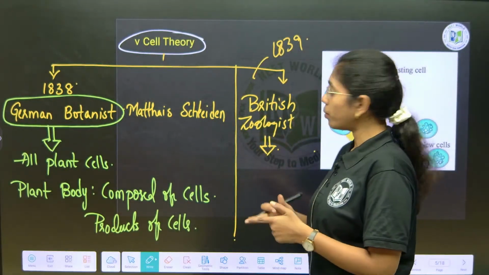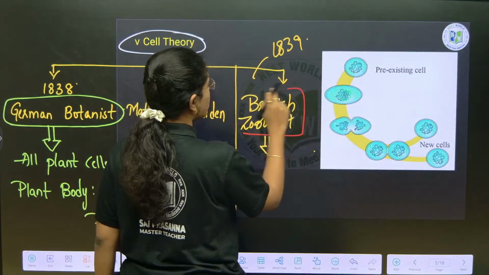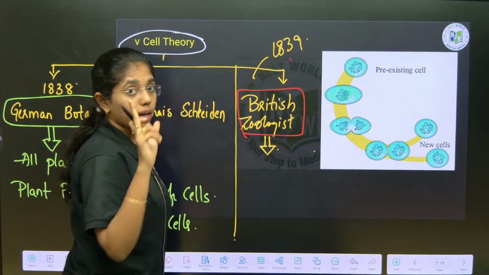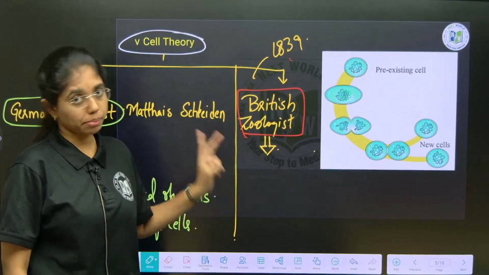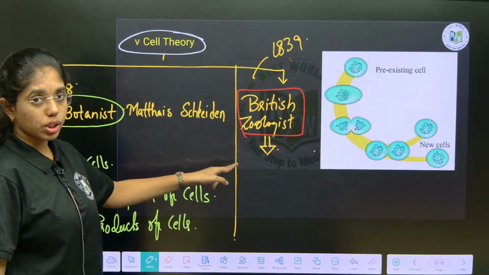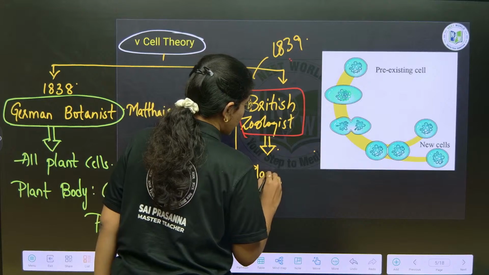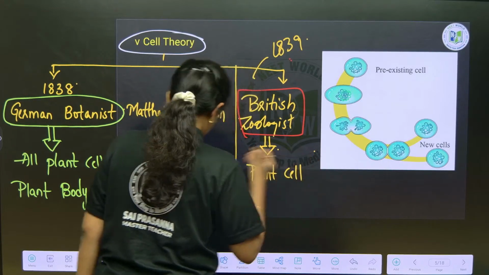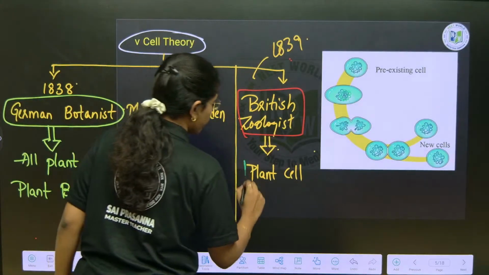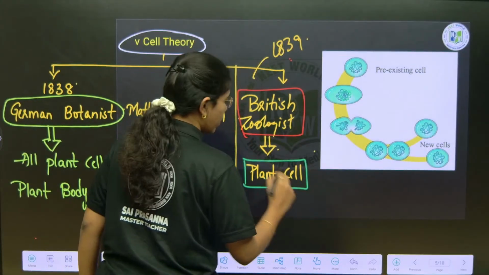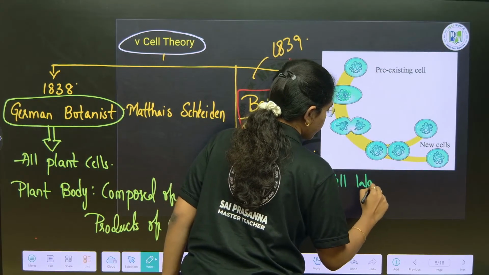The limiting boundary of a plant cell is cell wall.